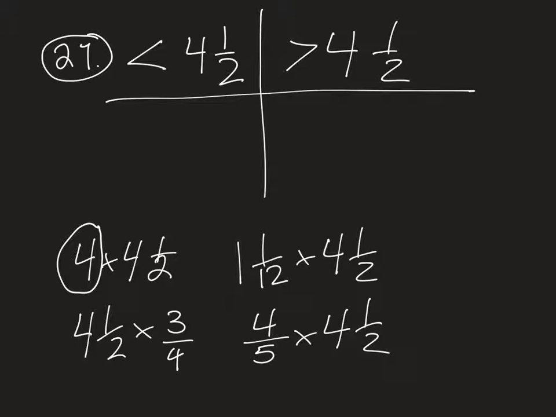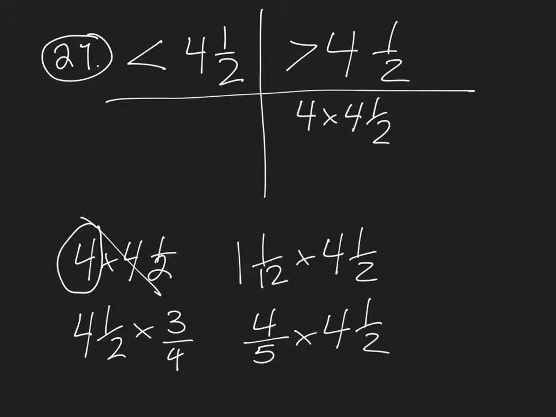So anytime we know that a number is greater than 1, that's going to go on the greater than 4.5 side, because if I multiply 1 times 4.5, I'm going to get 4.5. If I multiply 4 times 4.5, think about 4 times 4 is 16, and that's a lot bigger than 4.5. So this one is going to go on this side. Okay, so this one's done.